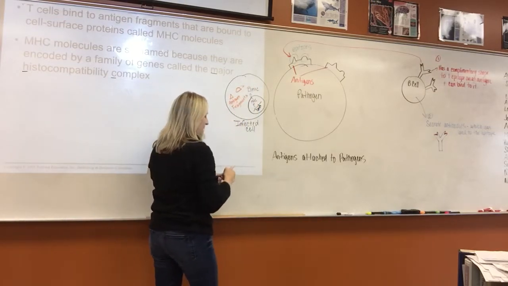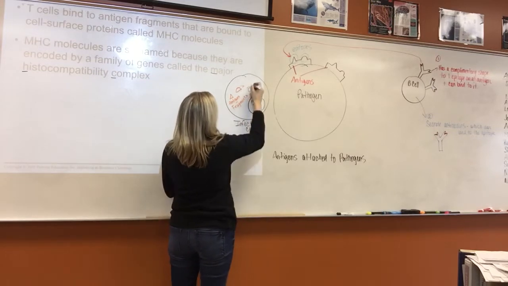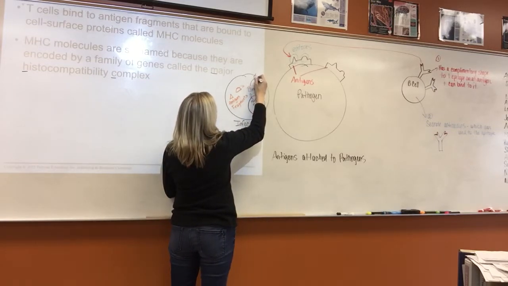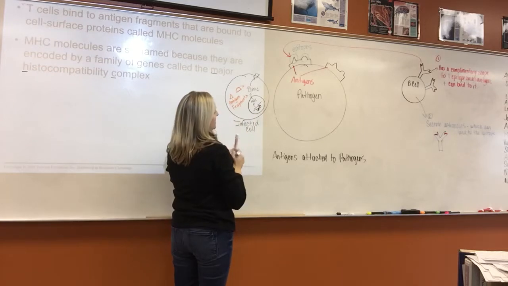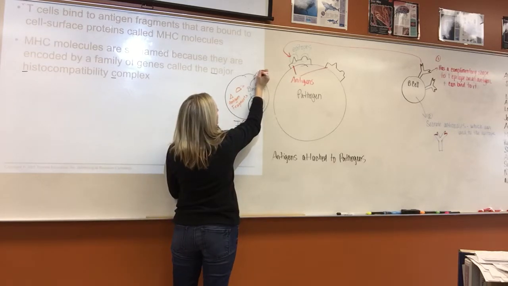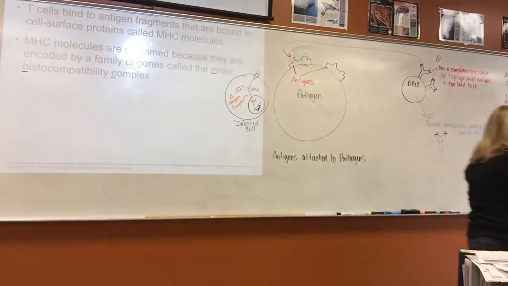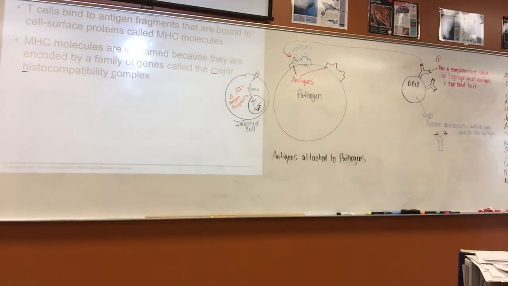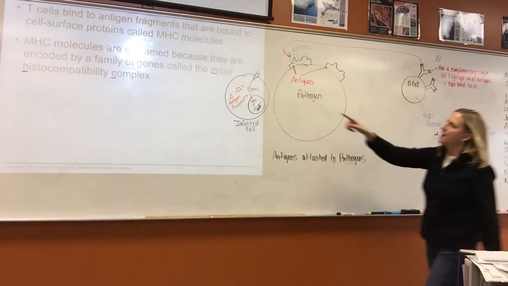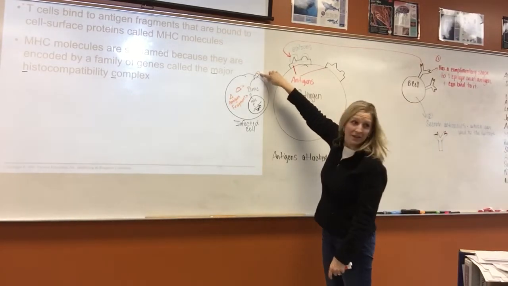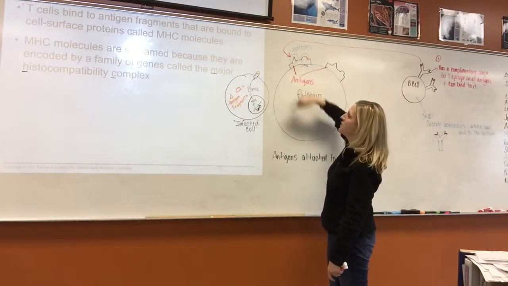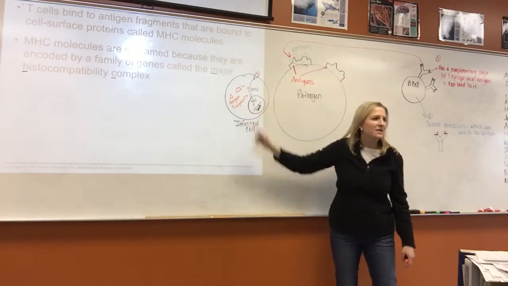They migrate to the cell membrane, like this, and present the fragment to the outside of the cell. That's what infected cells do. So now, this human cell that has been infected has really like an epitope of the pathogen. Does anybody have an idea of why they do that?